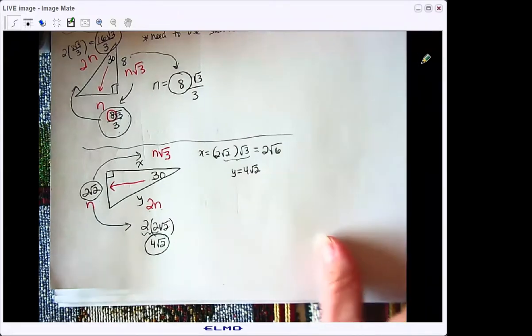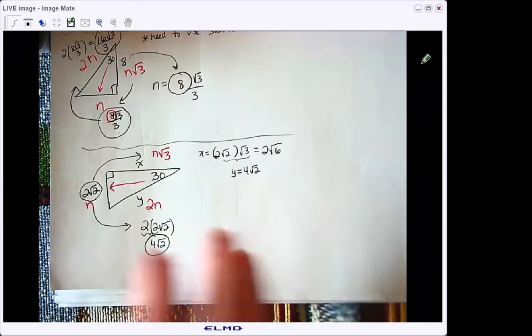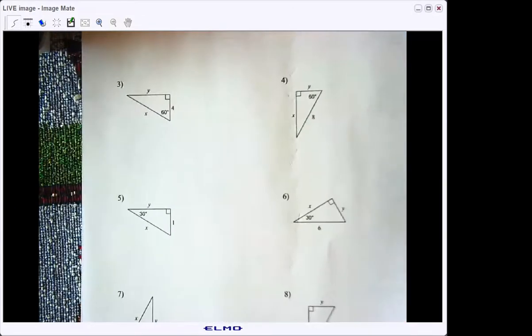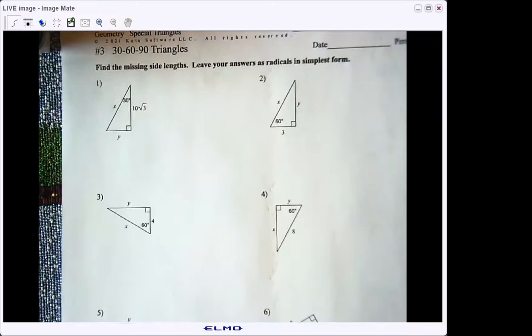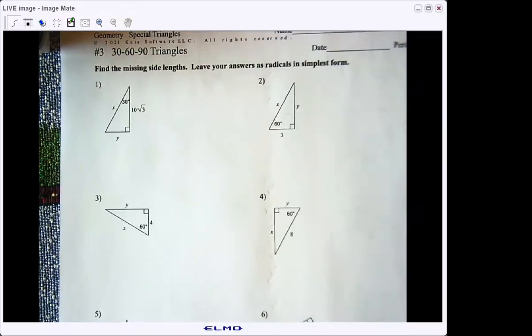So now we'll go ahead and look at the worksheet. So remember, let me ask you, why are we doing the worksheets together? Somebody. So we can practice together and ask questions if we have any.